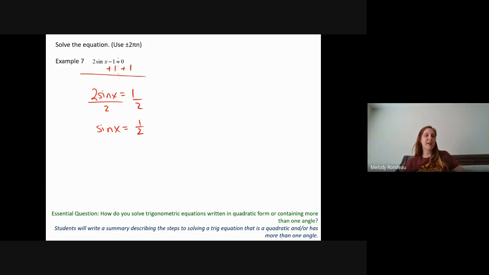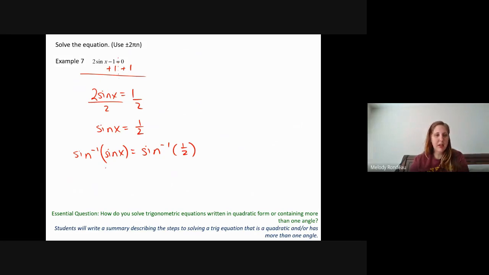Then to continue my nice algebraic solving skills, to undo the sine, I would inverse both sides. And that would give me x equals sine inverse of 1/2.